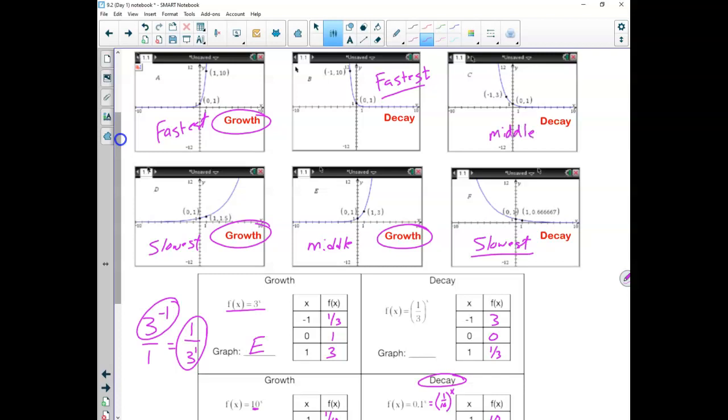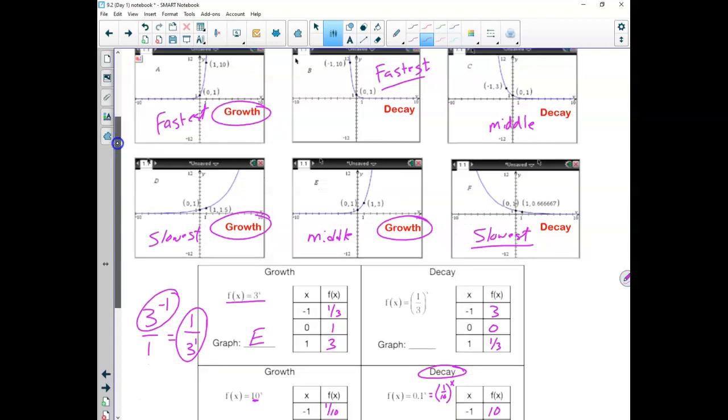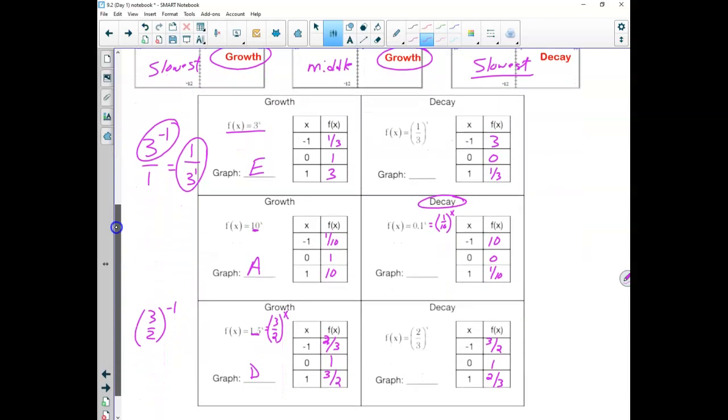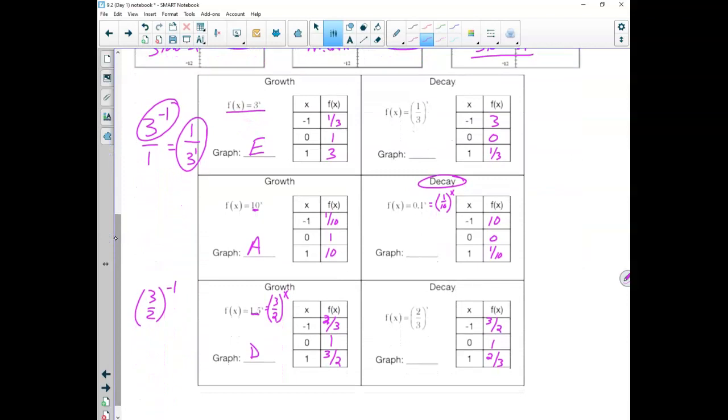Well, if it's decaying, remember from Algebra 1, there's something going on with my b value in there. My steepest decay, the fastest I decay, would be the smallest number that we got there. And 1/10 is the smallest, so that's going to be graph B. Okay?